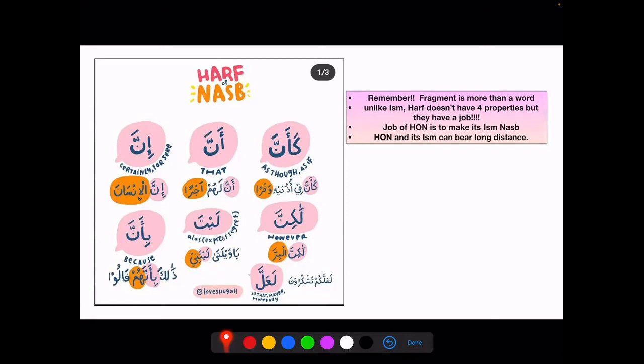Then we have the next and last one, our harfu nasab, la'alla. So la'alla means so that, or maybe, hopefully. So la'allakum tashkurun, so that you all be grateful. So la'alla, as I said, whenever we have harfu nasab and then we have an attached pronoun with it, our job is easy.